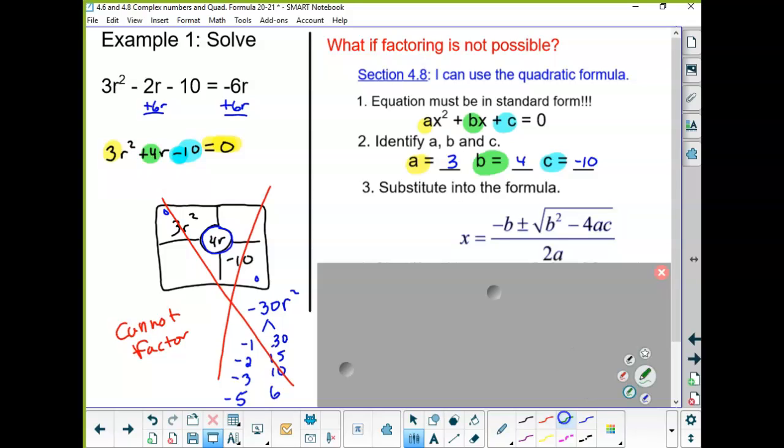You know the song to Pop Goes the Weasel? That's what this is. So, x is equal to opposite b plus or minus the square root b squared minus 4ac all over 2a. Sounds silly.